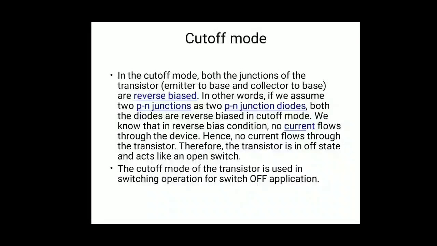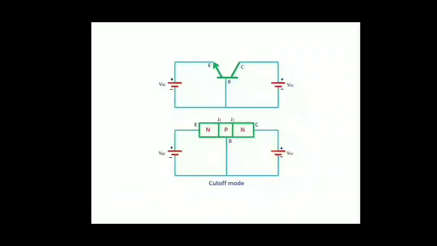Next, the BJT has three major modes of operation. One is cutoff mode, another is active mode, and another is saturation mode. First, cutoff mode. Consider one NPN transistor.